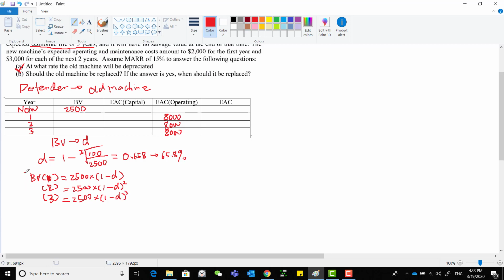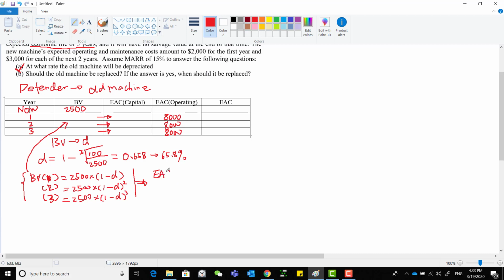All these values will help us fill in this column. Once we find the values here, we can use our EAC capital equation to calculate our EAC value.